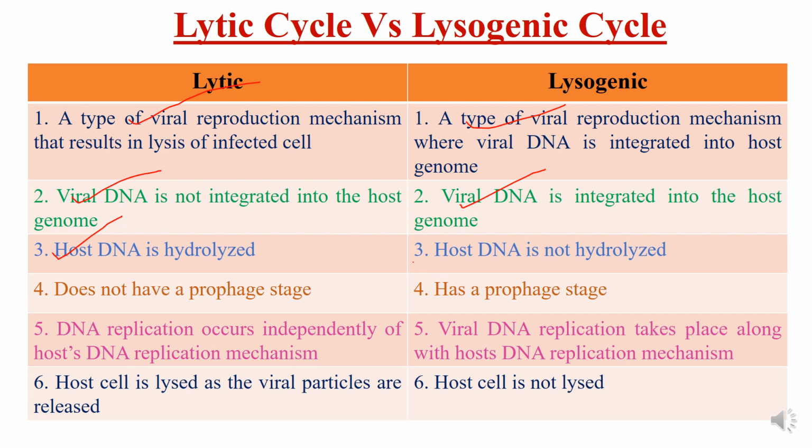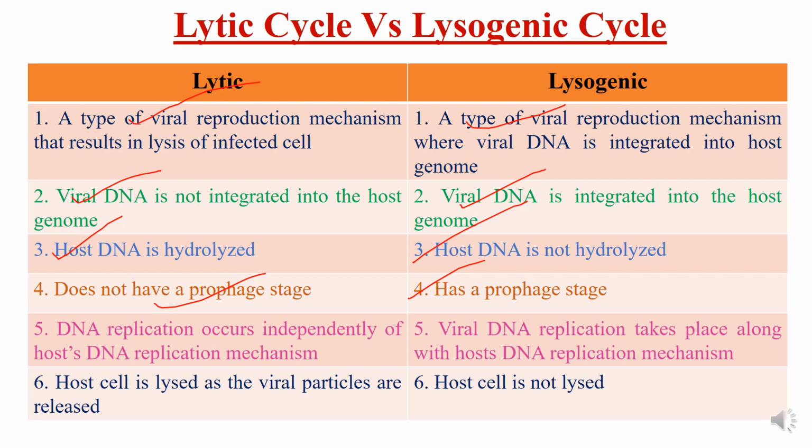But in the lysogenic cycle nothing like that happens. In the lytic phase, there is no prophage stage, that is, no integration of the viral nucleic acid into the bacterial chromosome, but the lysogenic cycle has the prophage stage. In the lytic cycle, DNA replication occurs independently of the host DNA replication mechanism, because it degrades the host DNA and starts synthesizing its own materials.